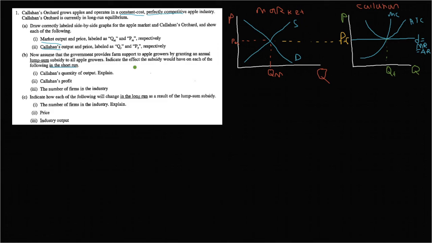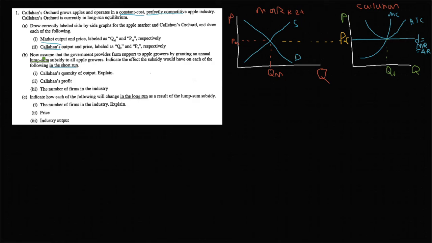Okay, so Callahan's quantity of output. The lump sum subsidy is going to give extra money, so they're going to have more profit. It's basically reducing the fixed costs is what the lump sum subsidy does.